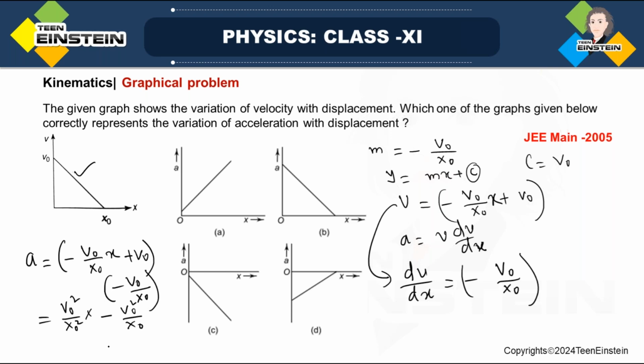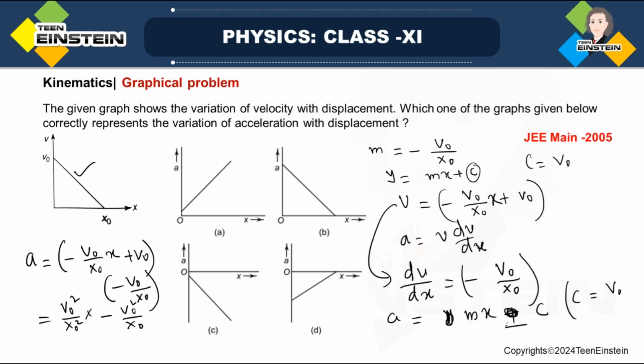That means, if I try to write the equation in terms of y is equal to mx plus c, so if I write a is equal to mx plus c, c means here, or let us write it minus, doesn't matter, minus intercept.